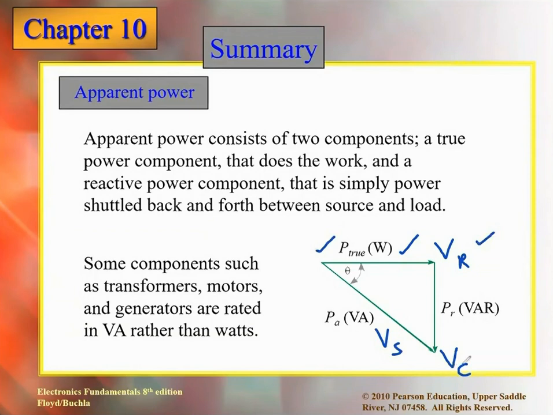Capacitive voltage gives reactive power. This is the overall voltage, so here we have apparent power, and these are the units of it. And this is the theta, which we know. Theta is for true power and this apparent power angle. All right. So apparent power is something which can be calculated.